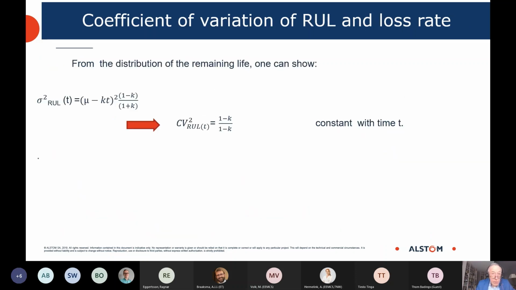And actually, what I showed was the coefficient of variation of the time to failure, but we can also apply this calculation to the coefficient of variation of the RUL, which is more interesting. And you find this, and you find therefore that this coefficient of variation is independent of time for this class of distribution. It's always the same formula.